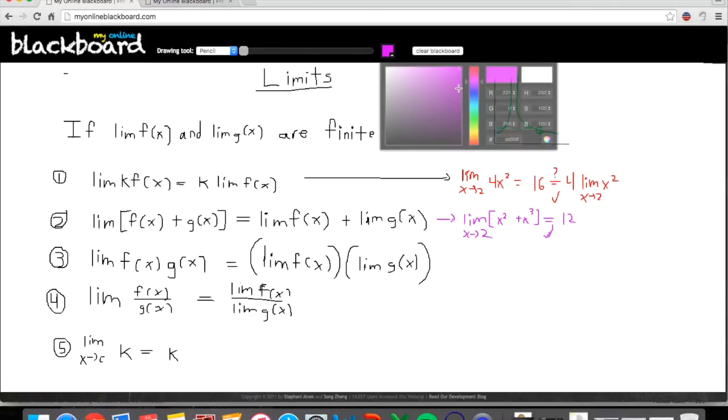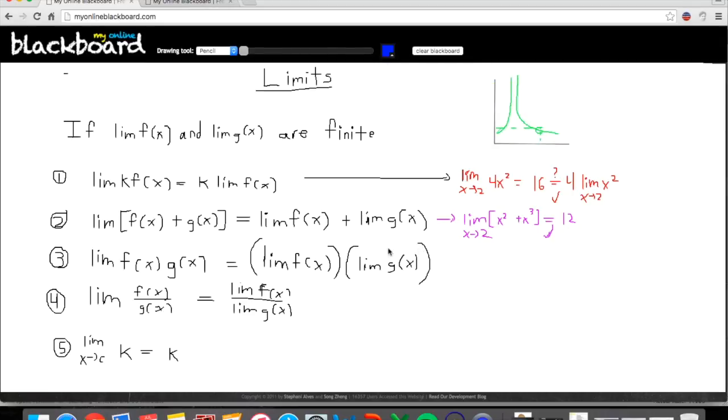Now let's go on to the third theorem. On the third theorem, we have that the limit of the product of the functions will give you the same result as multiplying the limits. So let's take, for example, x squared and x cubed again, and what you'll get is that the limit of x to the 5th should be equal to the limit of x squared times the limit of x cubed.